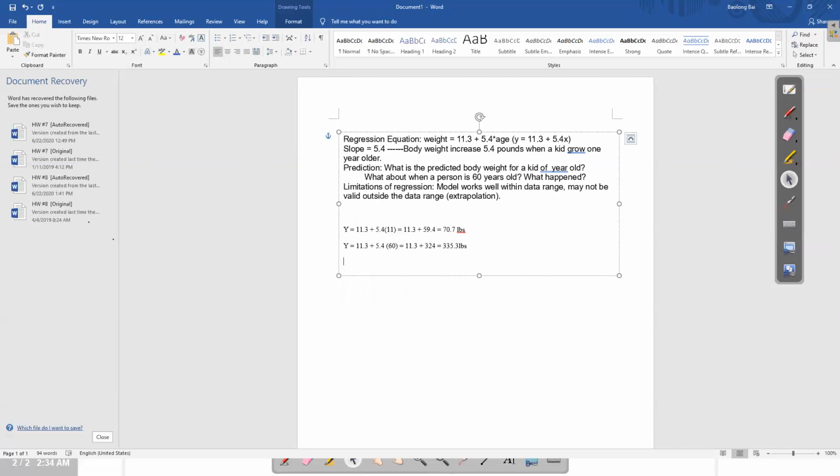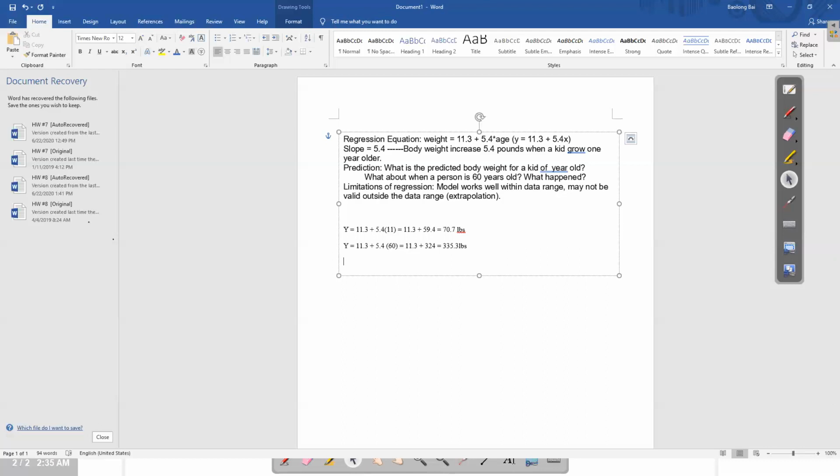Now the question comes. It's reasonable to say that a kid of 11 years old is 70 pounds. But is it reasonable to say that a person who's 60 years old is 335 pounds? That doesn't sound right, right? We don't normally see a person who's over 300 pounds.